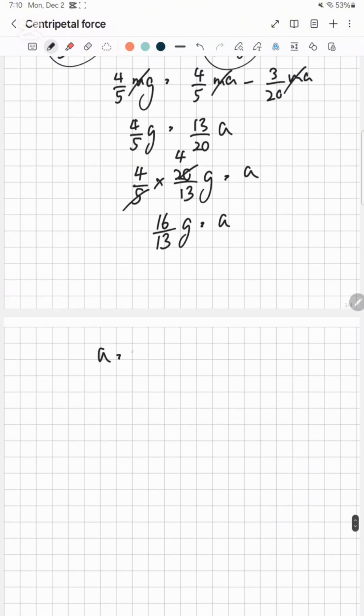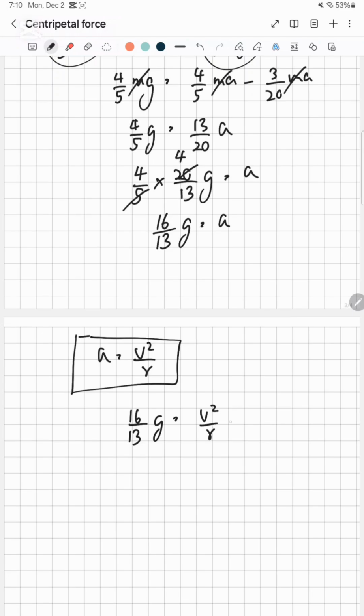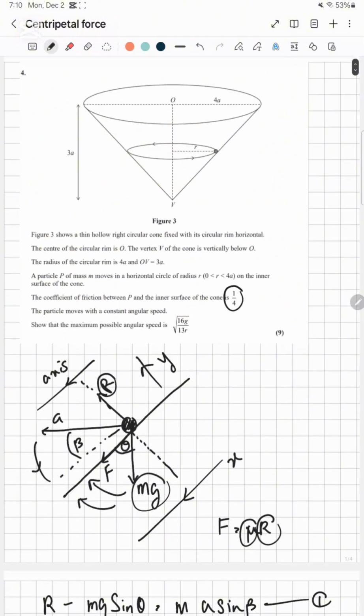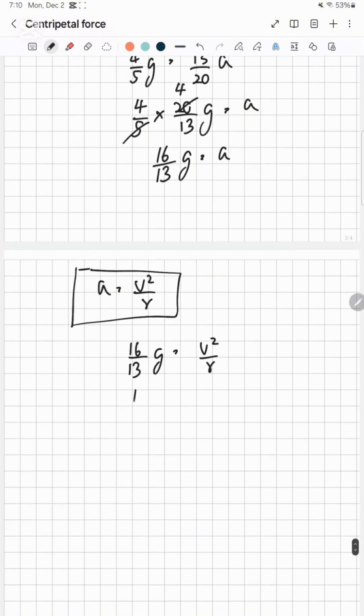You should know a equals v squared over R. When they ask angular speeds, when it's related to centripetal force, it's a equals v squared over R. So you can write 16 over 13 g equals v squared over R. And then you write 16 over 13 g R equals v squared. v equals 16 over 13 g R.